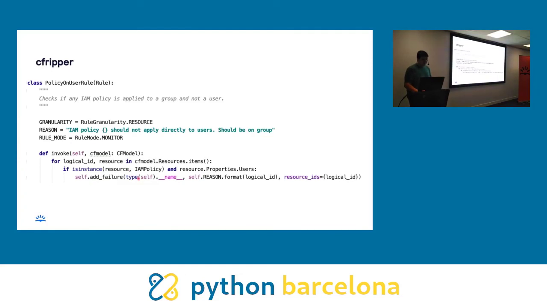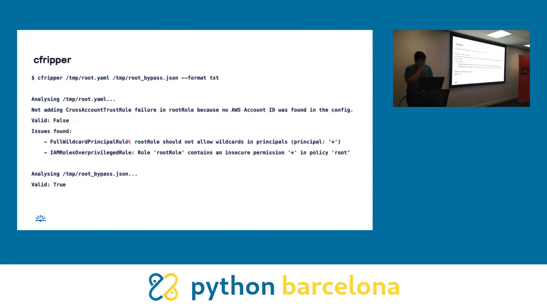This is a rule that checks if the policy is attached to the group and not to a user, because it's bad that a user has his own policy attached to him. Well, actually, we have like 30 or 55 rules that do security checks.